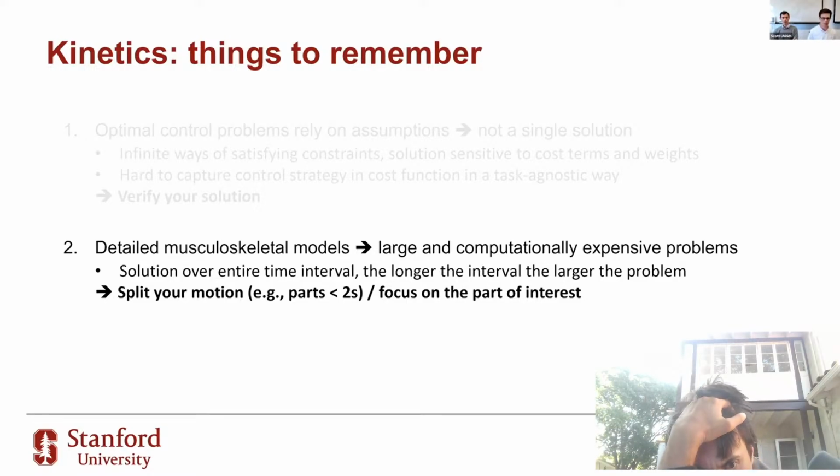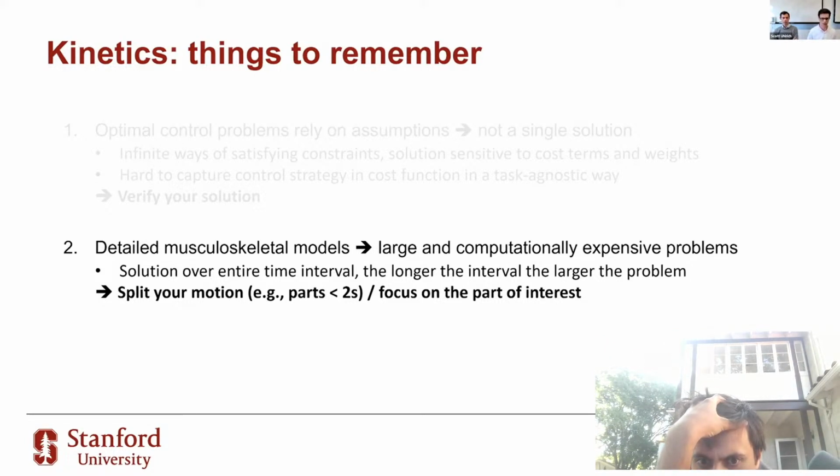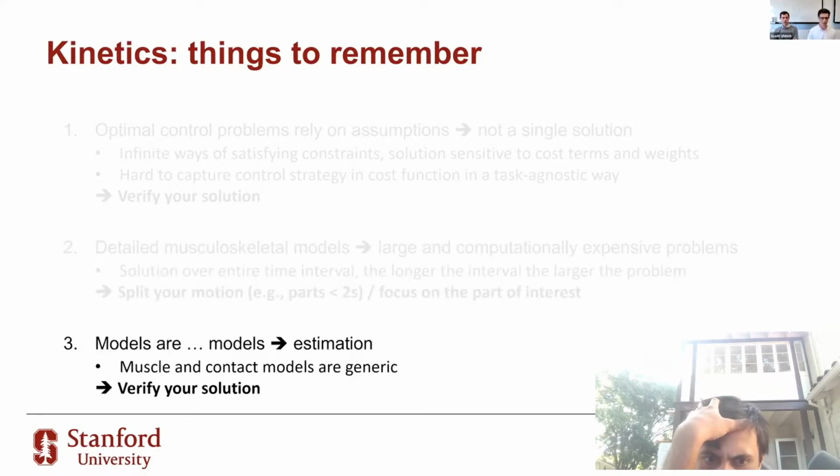So we recommend splitting your motion into 2-second segments, really focusing on the portion of interest, and maybe having a 0.3-second buffer on either side of that portion of interest. Maybe you really care about 5 seconds of the motion, we would still recommend splitting it up into several different segments.